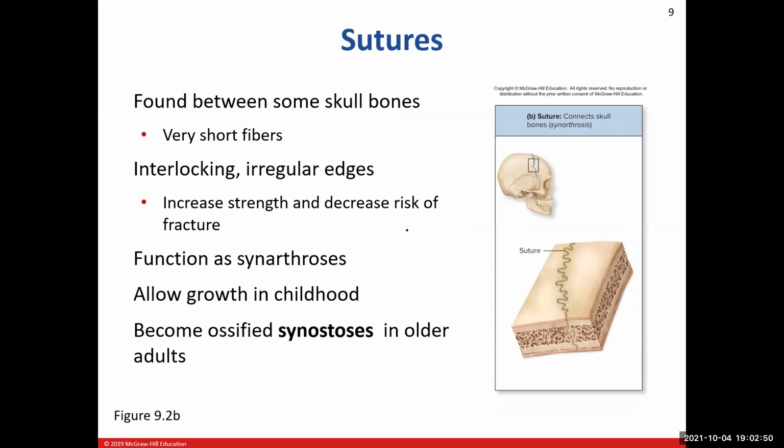It's really cool how the two bones lock in with one another, because they have these irregular edges that, kind of like a zipper, help to hold it in place. Again, we're dealing with a synarthrosis.